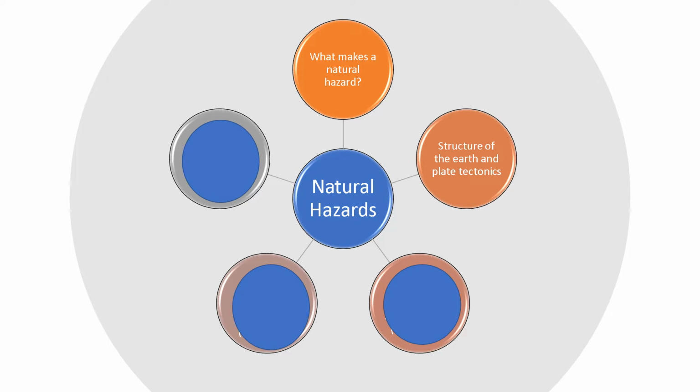So our core, both inner and outer, our mantle and our crust, and the fact that our plates move, or our crust moves, and they're either moving towards one another, away from one another, or side by side, for example, a conservative plate margin. And that movement creates different tectonic events, so earthquakes, volcanoes, tsunamis.